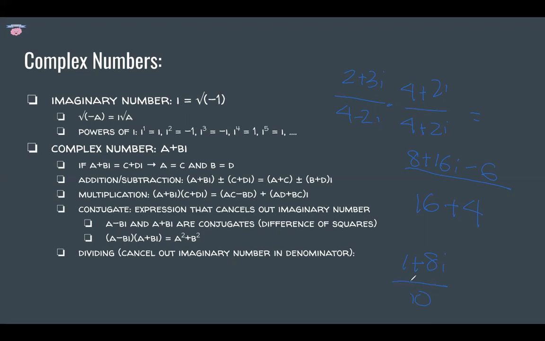And an important thing to know with imaginary numbers, this isn't right. What you have to do is write them separately. So you write 1 over 10 plus 8 over 10i, or 4 over 5i. It's a rule, you just have to follow it. You can't merge the real and the imaginary part together. You have to write them as separate fractions.